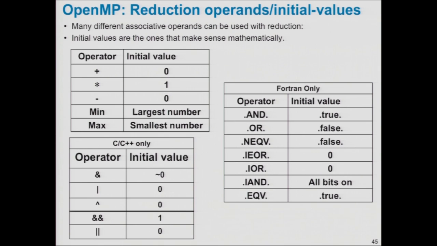But for these, you all get what you would think of as the sensible value for the initialization. And the way it's defined for min and max is it's the largest representable number in the type of the list item, and it's the least representable number in the type of the list item. Here, I turn that into what you think of it as, which is the largest number and the smallest number.